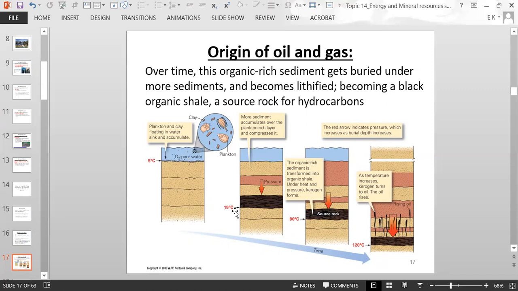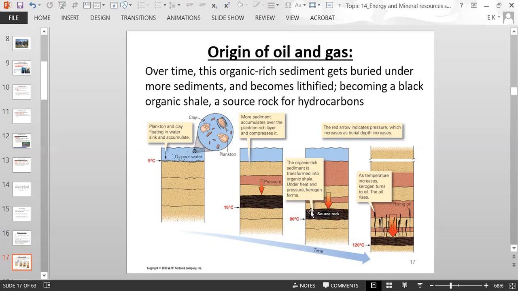Okay, so this layer here is now down here underneath all this sediment. And now it's getting warmer. It's now 15 degrees Celsius down here because as you go deeper into the earth, it gets warmer. And then at about 80 degrees Celsius, the sediment is transformed into that black organic shale.